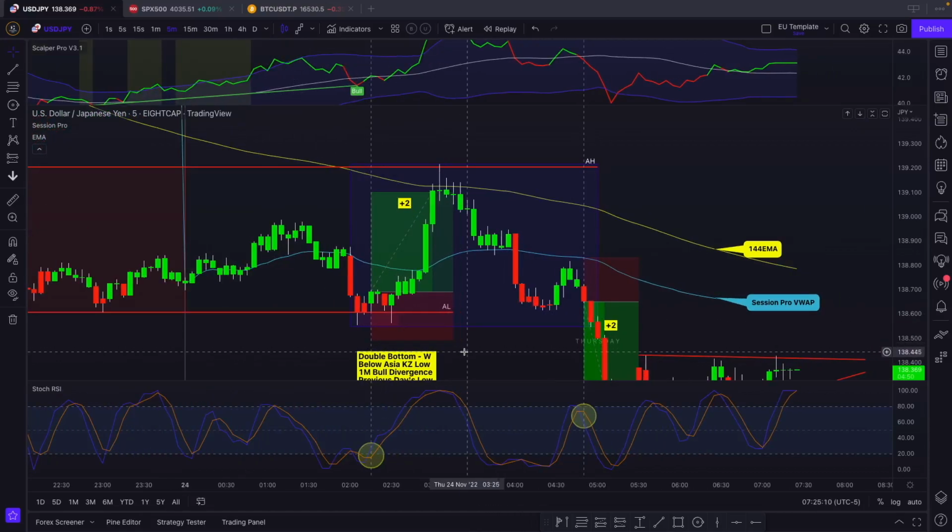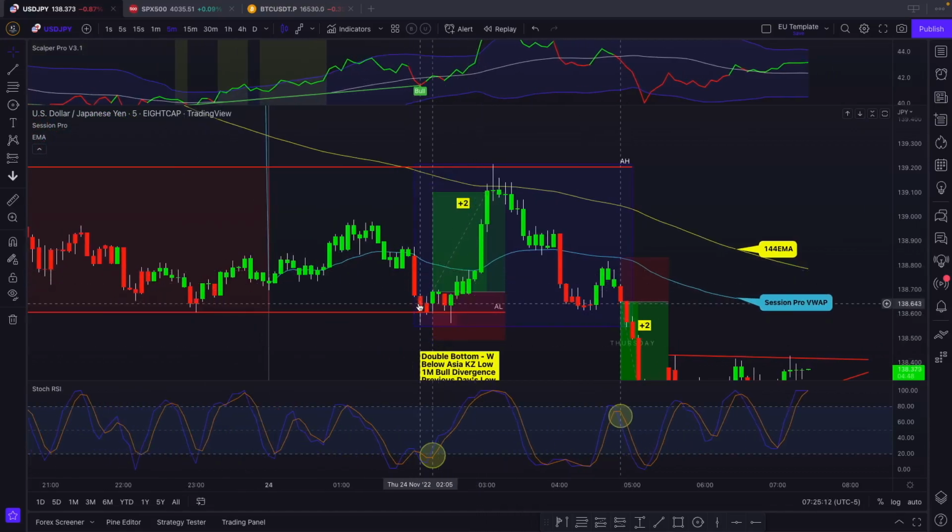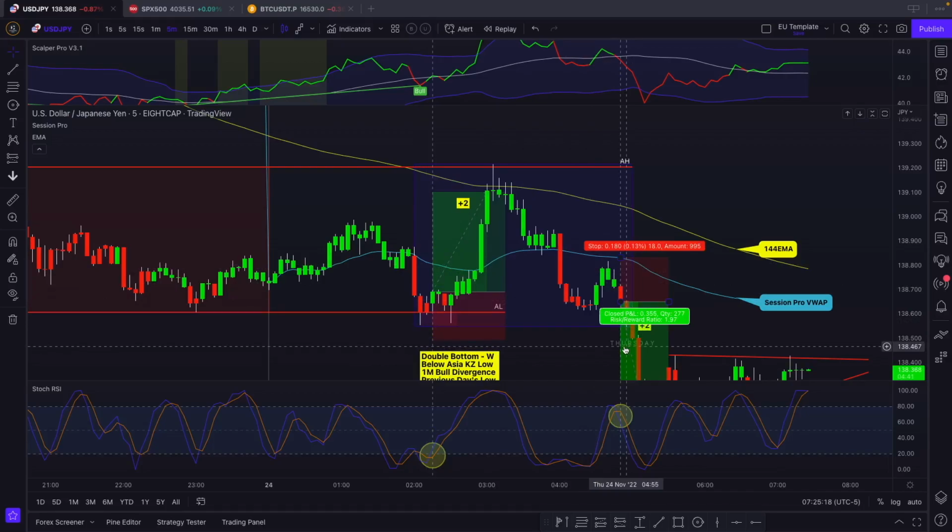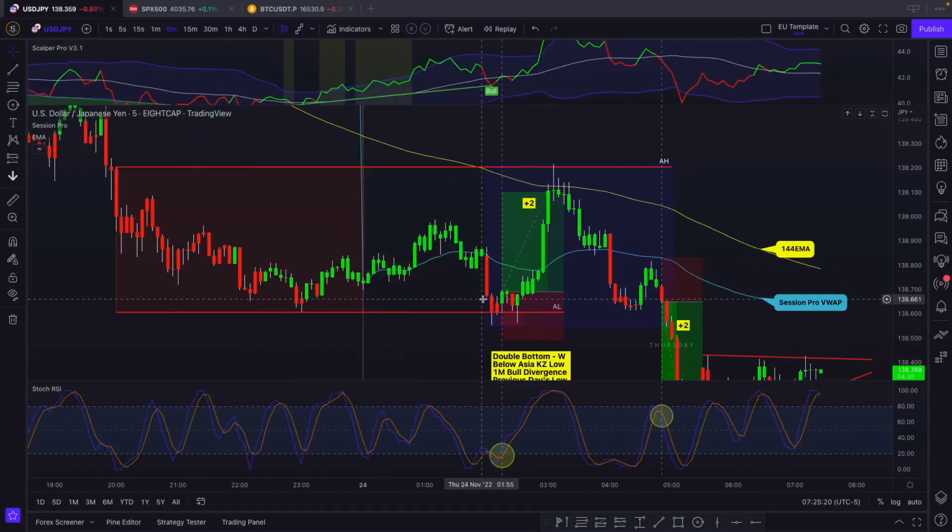I was already anticipating that this low might just be tapped before actually breaking out in the short direction, because what market makers like to do is fake out short traders who have short orders positioned right below the low, so they're waiting and manipulating price right at 2 a.m. New York local time down into the Asian session low.